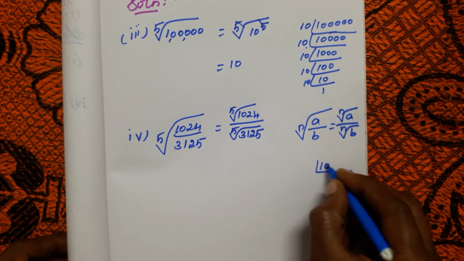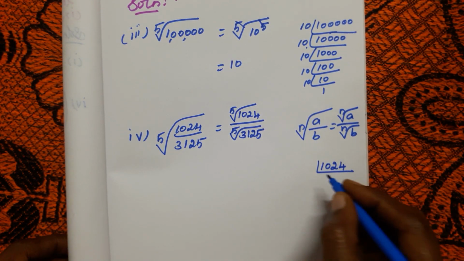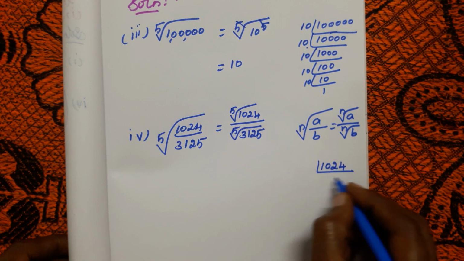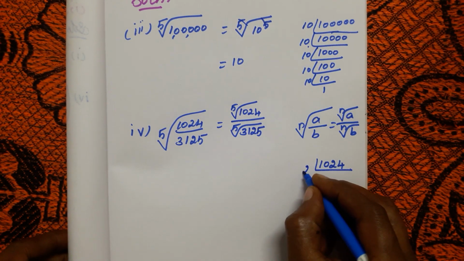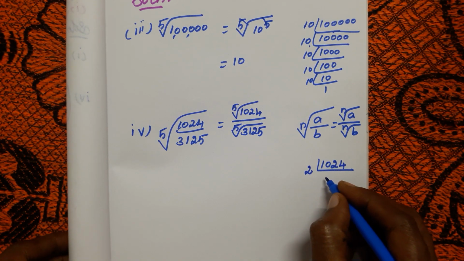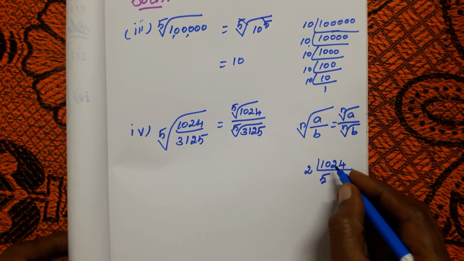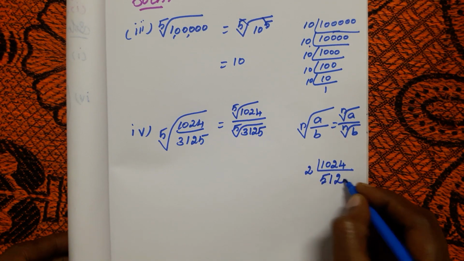Now, 1024, when we are factorizing, what are we getting? Which table can we factorize? Yeah, 2 table. 5 2s are 10. Again, 1 2 is 2. 2 2s are 4.